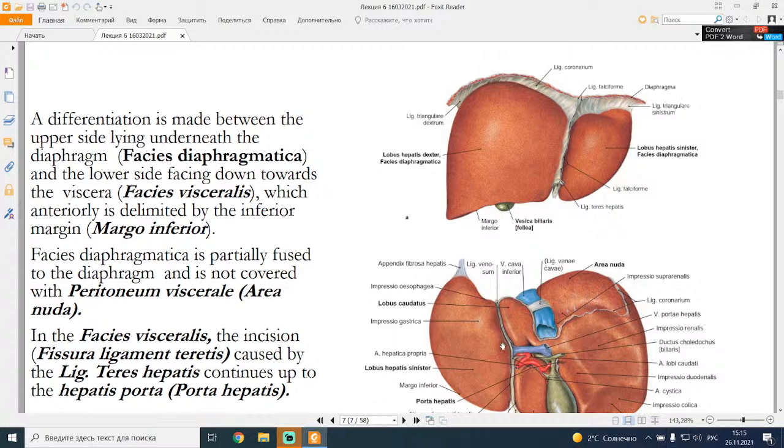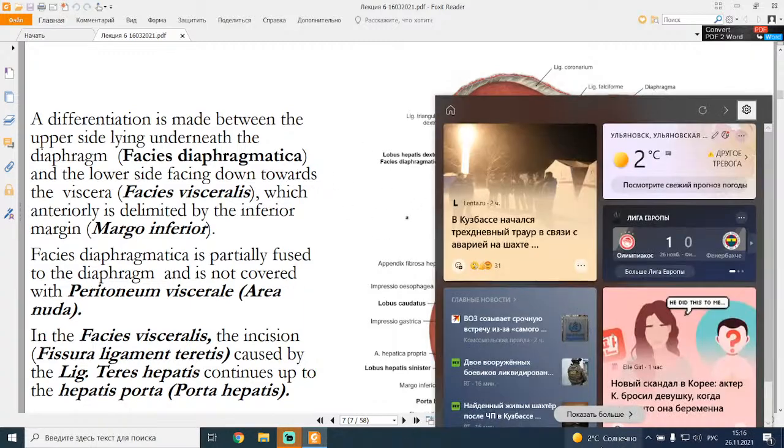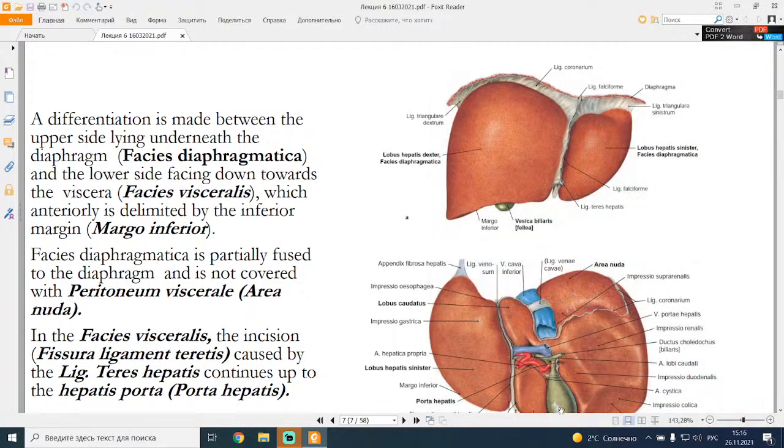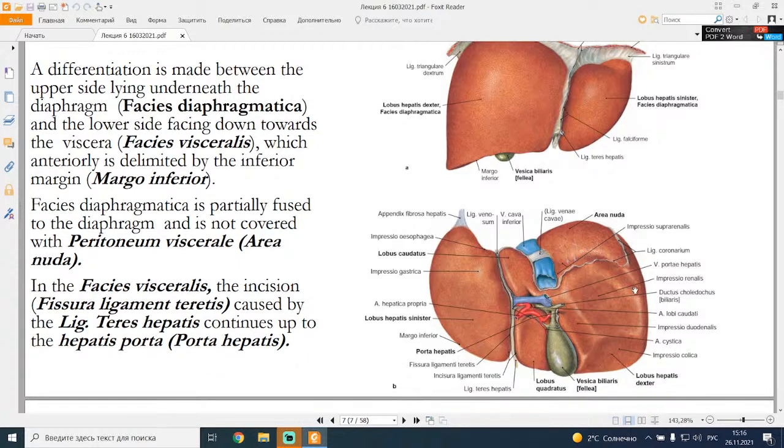A differentiation is made between the upper side lying underneath the diaphragm, facies diaphragmatica, and the lower side facing down towards the viscera, facies visceralis, which anteriorly is delimited by the inferior margin, margo inferior. This is margo inferior.